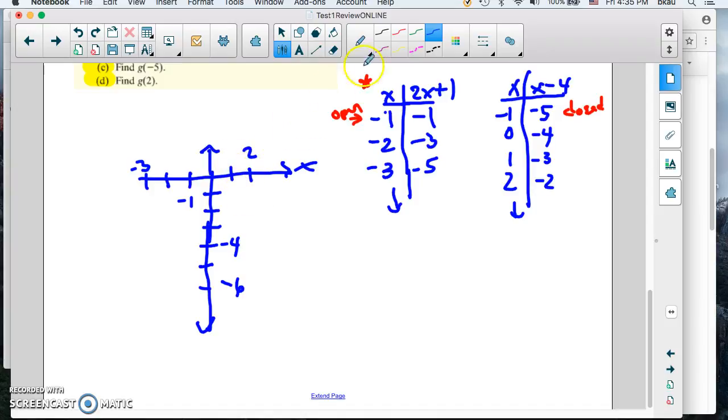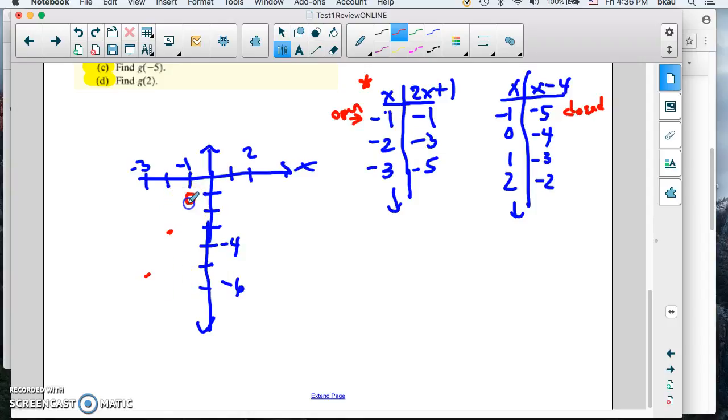Okay, so I'm going to graph these. First one is an open circle at -1, -1, which is right here. You have an open circle right there. Let's erase this and make it more clear. So this is -1, and we have an open circle right here.